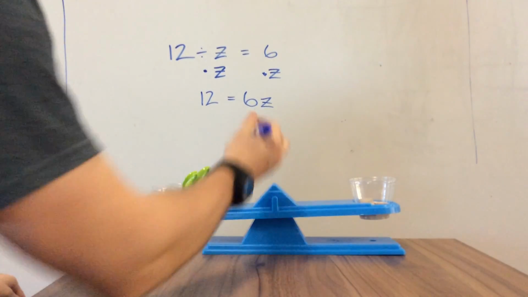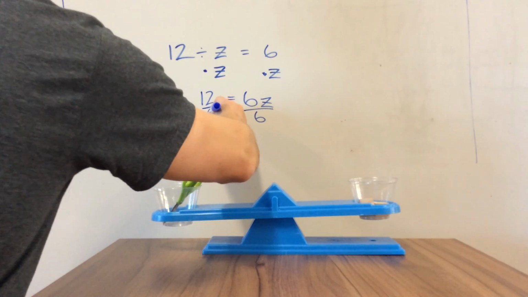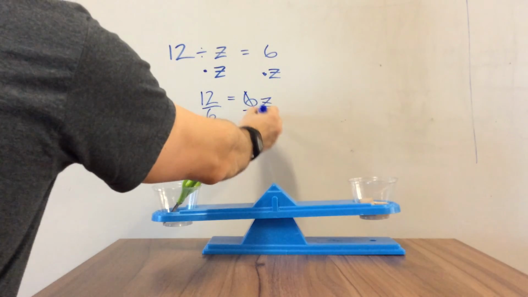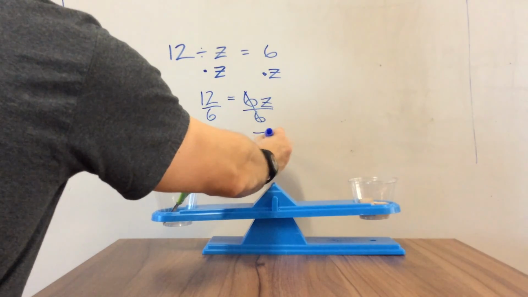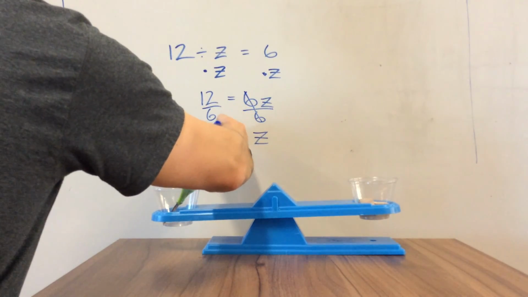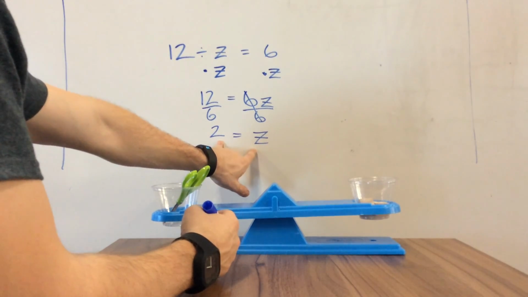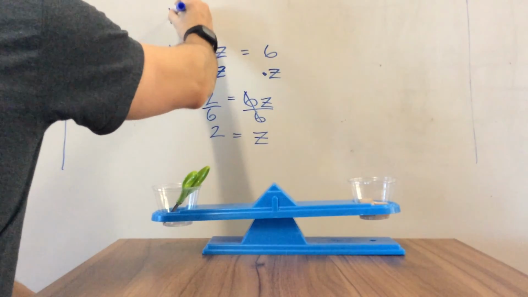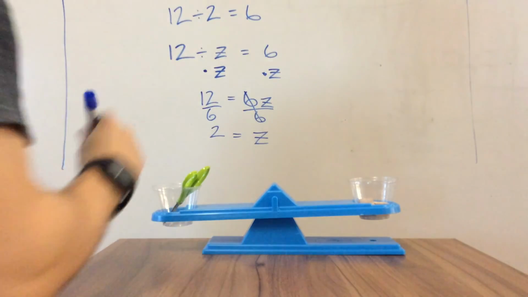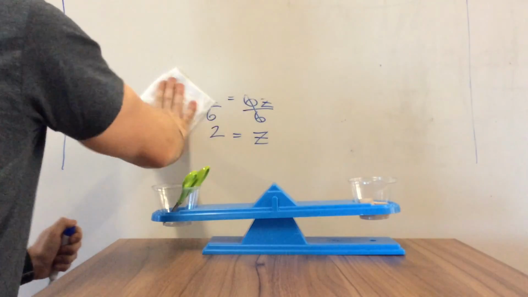I want to break that multiplication by dividing both sides by 6. 6 divided by 6, that's 1. So all I'm left with is a z on this side. 12 divided by 6 is 2. You probably knew this a long time ago because you know that 12 divided by 2 does equal 6. That's about as tricky as it gets.